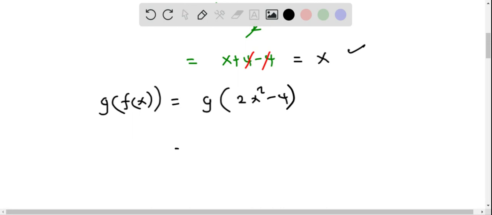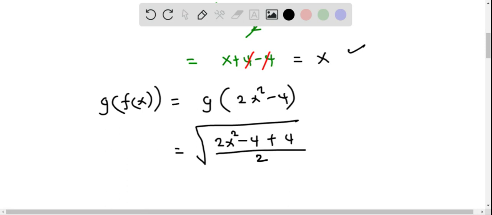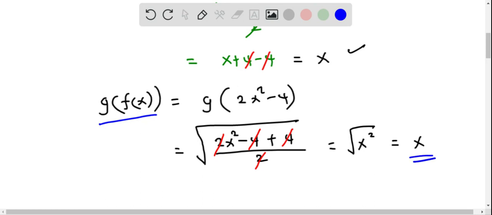So we have under the root, replace x by 2x squared minus 4, and we also have plus 4 in the numerator, and this is divided by 2. And so this gives, we can cancel this negative 4 and positive 4 becomes 0, and we can also cancel this 2 with this 2 in the numerator. So it is basically under the root of x squared, and this equals x. So we are able to see that g of f of x is also x.